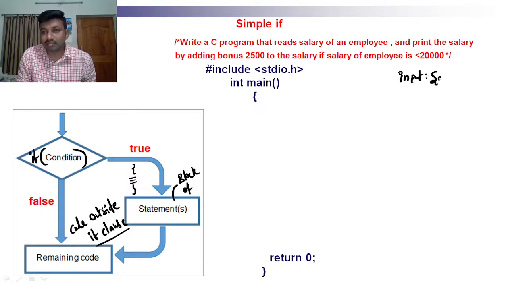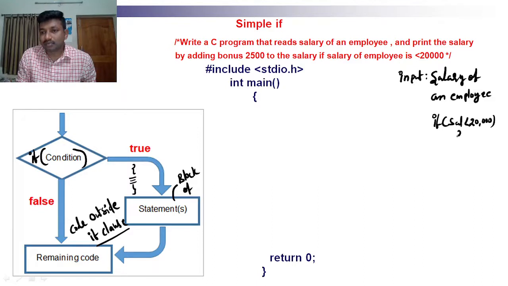The input is the salary of an employee. Now what would be the output? You read the salary of the employee and take a decision on it. If the salary is less than 20,000, you add some bonus to the employee; otherwise you do not add anything.